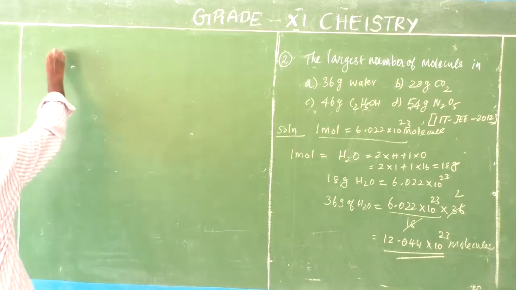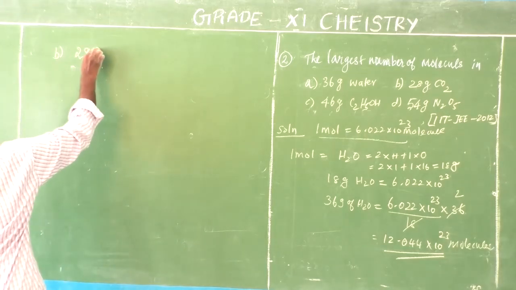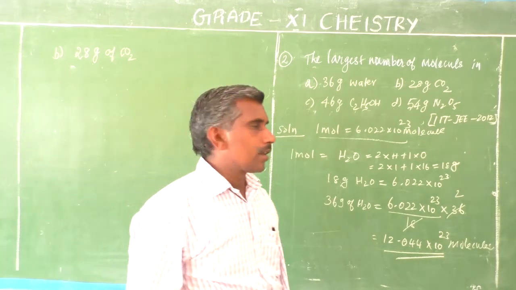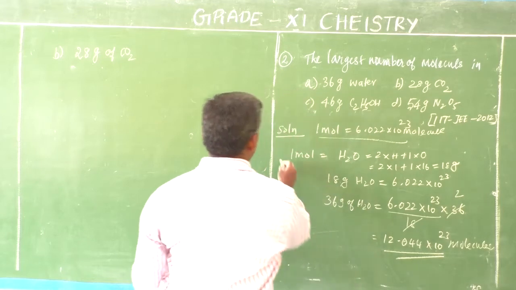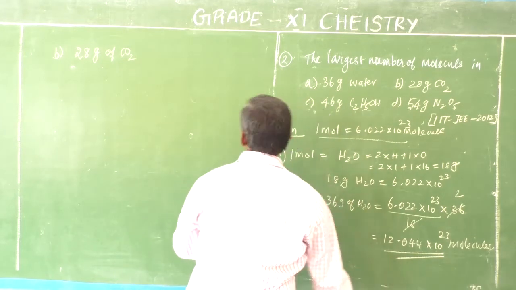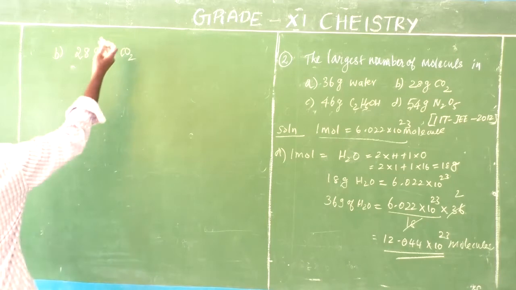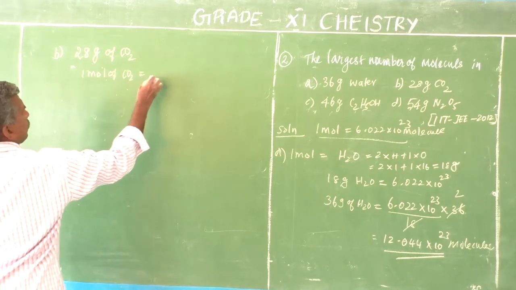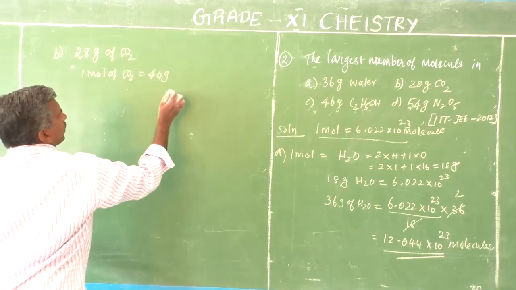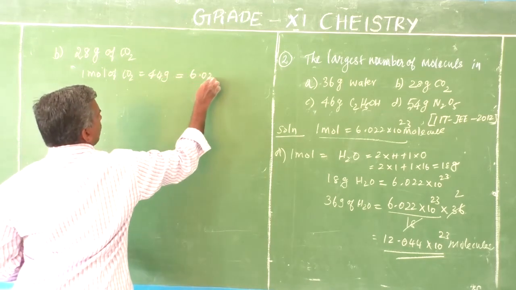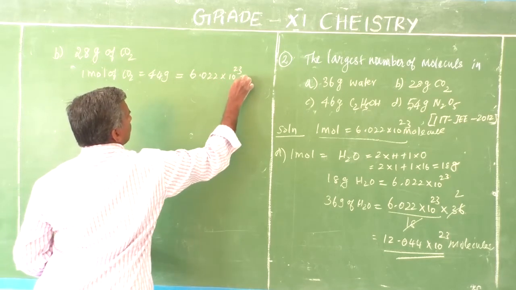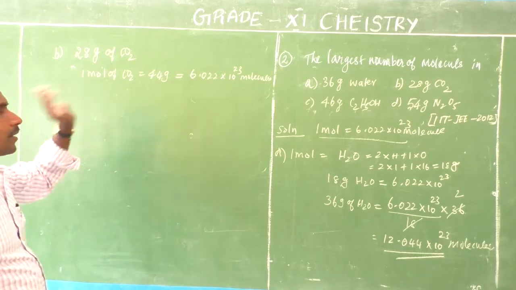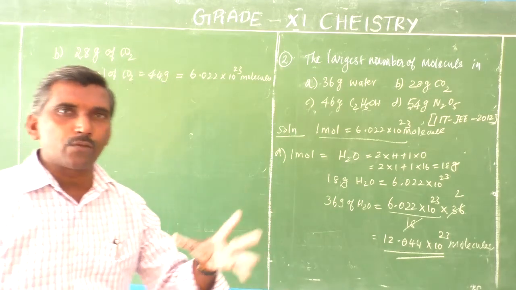Now option B: 28 gram of carbon dioxide. How many molecules are present? You find the number of molecules. 1 mole of carbon dioxide is 44 gram, which equals Avogadro number of molecules. So you should remember 1 mole of carbon dioxide is 44 gram.